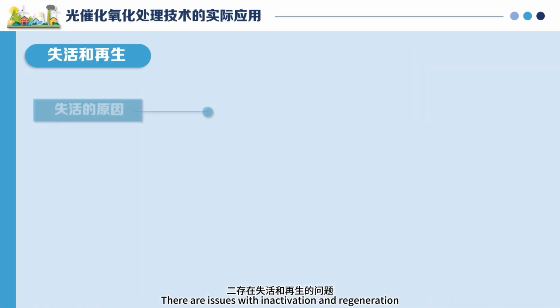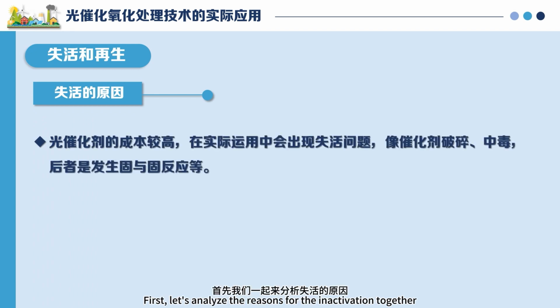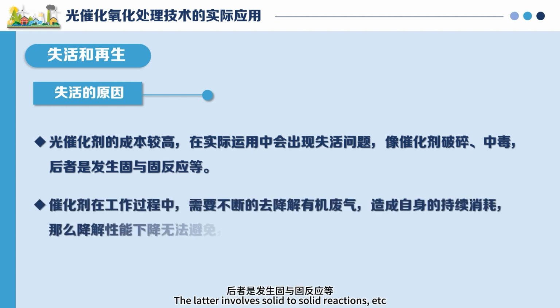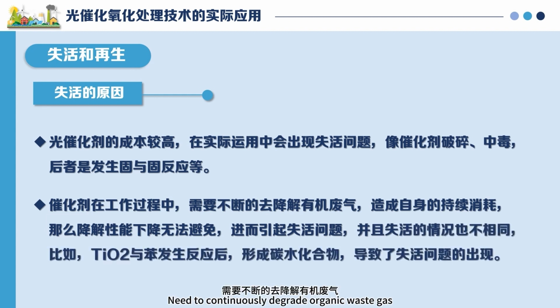There are issues with inactivation and regeneration. First, let's analyze the reasons for the inactivation together. The cost of photocatalysts is high. Deactivation issues may occur in practical applications, like catalyst breakage and poisoning. The latter involves solid-to-solid reactions, etc. During the working process, the catalyst needs to continuously degrade organic waste gas, causing continuous consumption of itself.